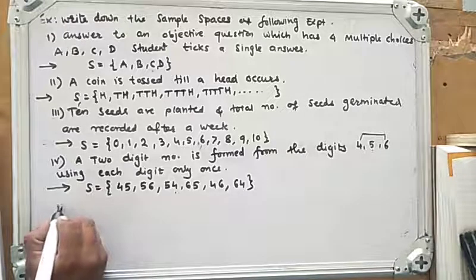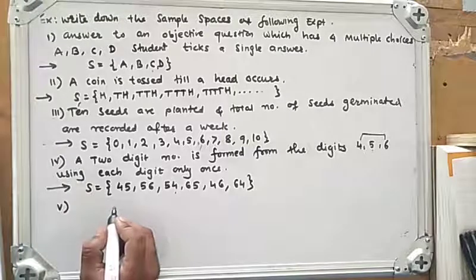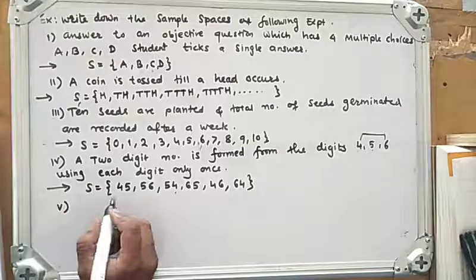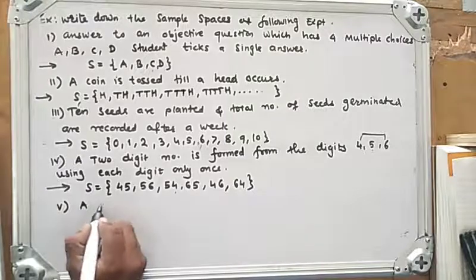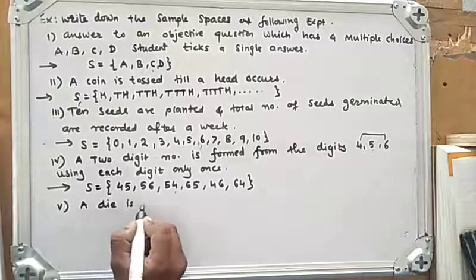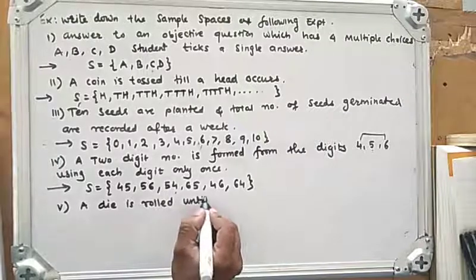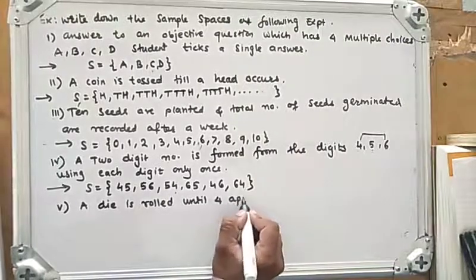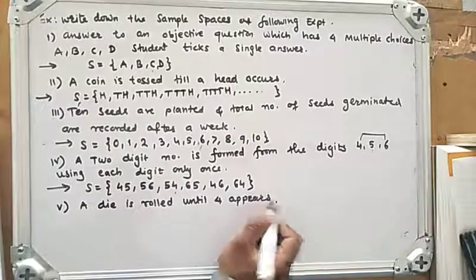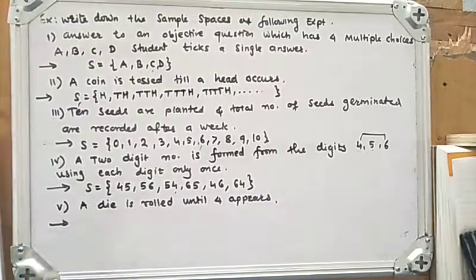Right. Now the next example, the fifth one: a die is rolled until 4 appears. Let's see the solution. We know that a die has 6 sides.